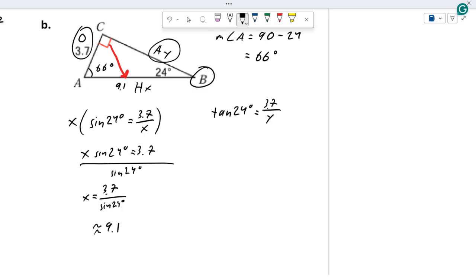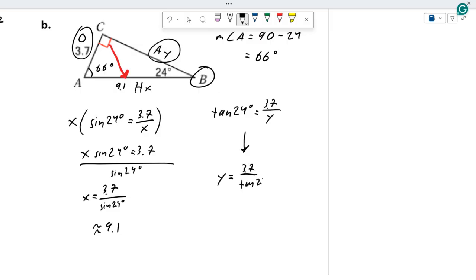Well, this is pretty much identical in structure to the first problem, except I've just swapped out tangent for sine. So if you do the same sort of algebraic manipulation, you should get the same result. I'm not going to do it because it's all the same stuff that you just did.